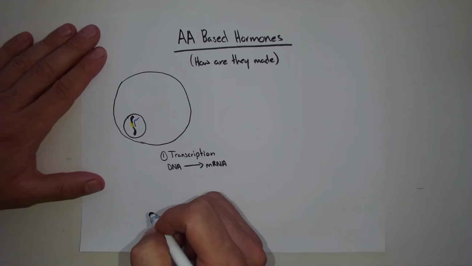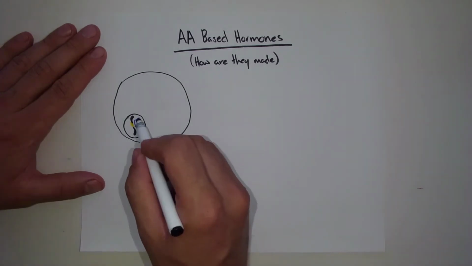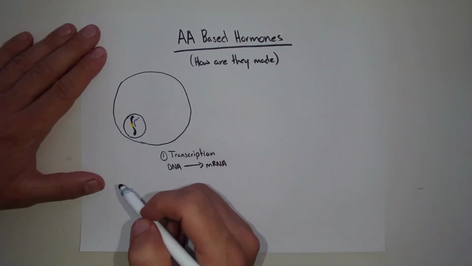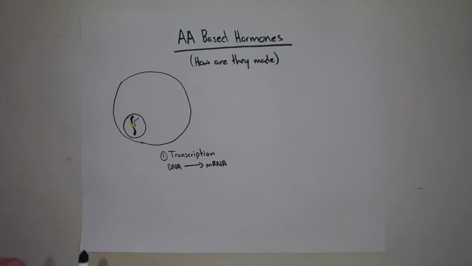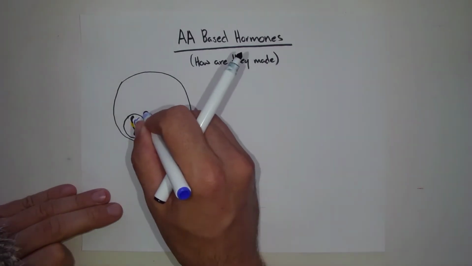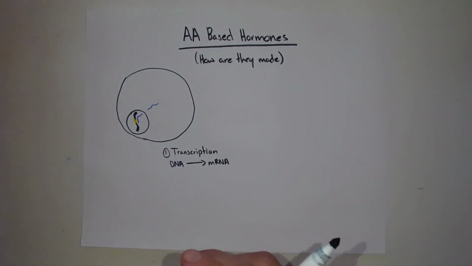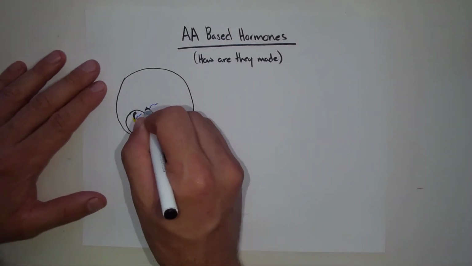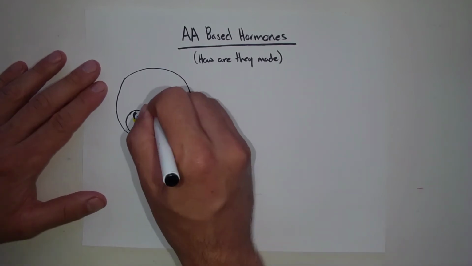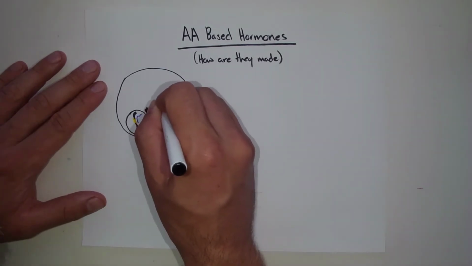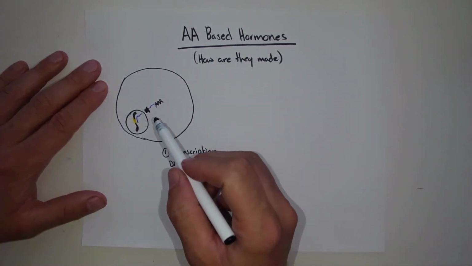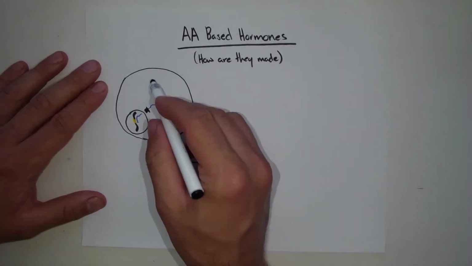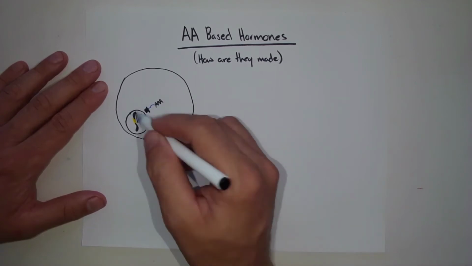But before it leaves through that nuclear pore, we need to protect it because the enzymes in the cytosol will begin to degrade that messenger RNA unless we add a 5' cap and a poly A tail. So I'm going to put a top hat on this, and I'm going to add the poly A tail, which is going to protect this messenger RNA from enzymatic degradation in the cytosol.